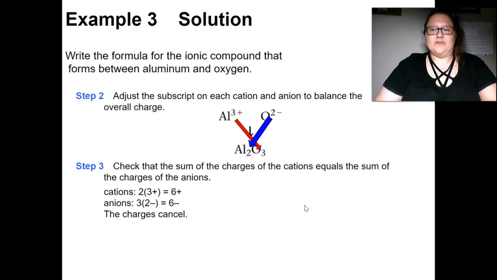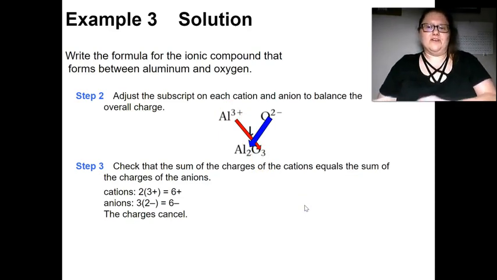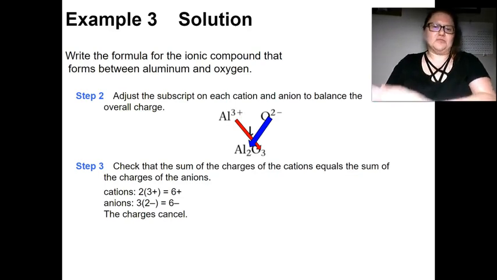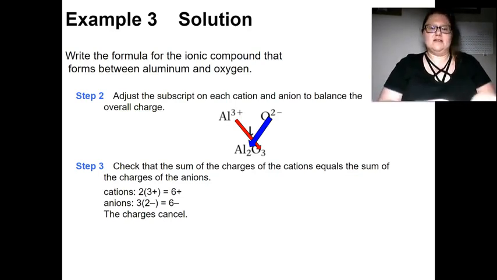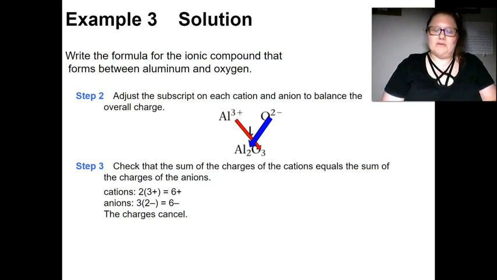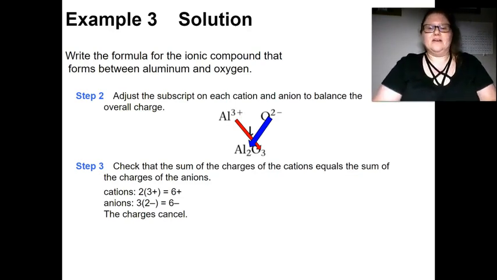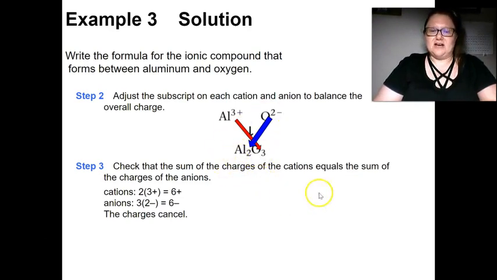Okay. Then we do the other ion. Again, absolute value. The 2 from oxygen's charge will go down and across and become the number of aluminum atoms. Okay, so we call this a crisscross. It works every time. Just the absolute value. The plus and minus do not go along for that ride.